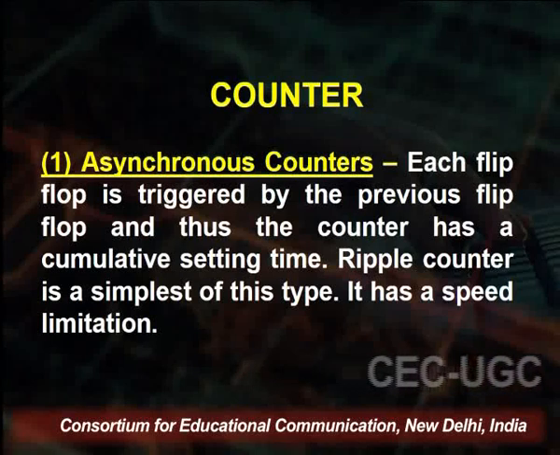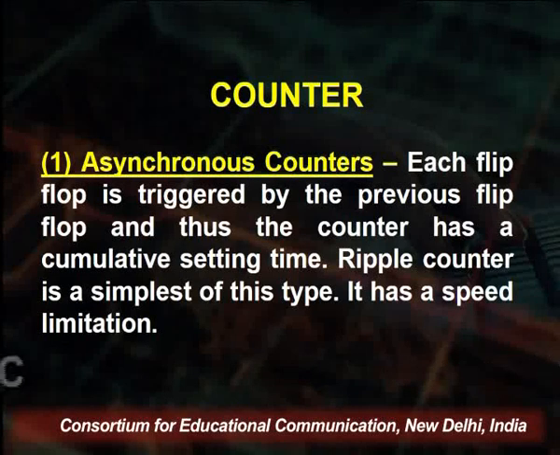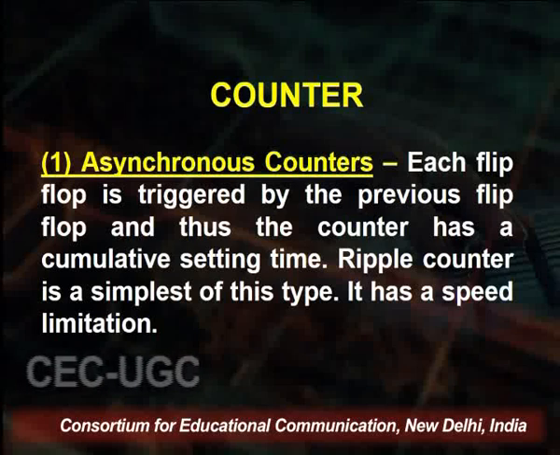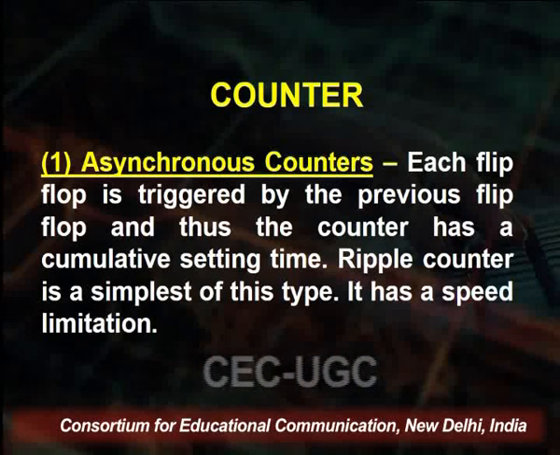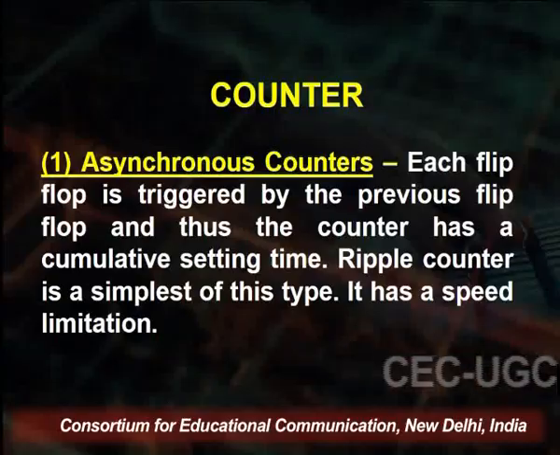Now asynchronous counters are those counters wherein each flip-flop gets triggered by the output of the previous flip-flop, and hence these counters are slow but accurate. Ripple counter is the simplest example of this type, however the speed limitation does not allow them to be used for counting fast occurring phenomena.